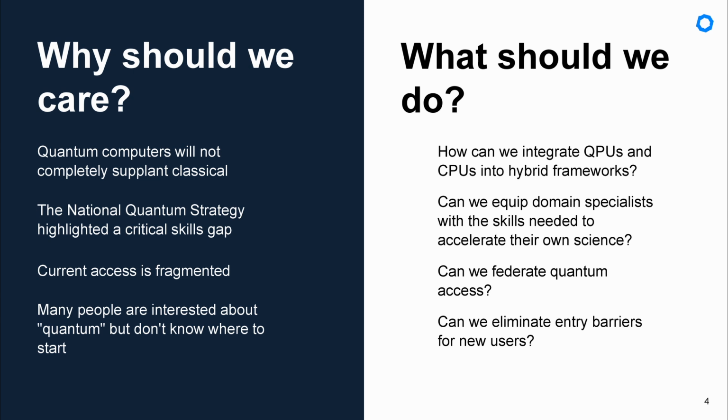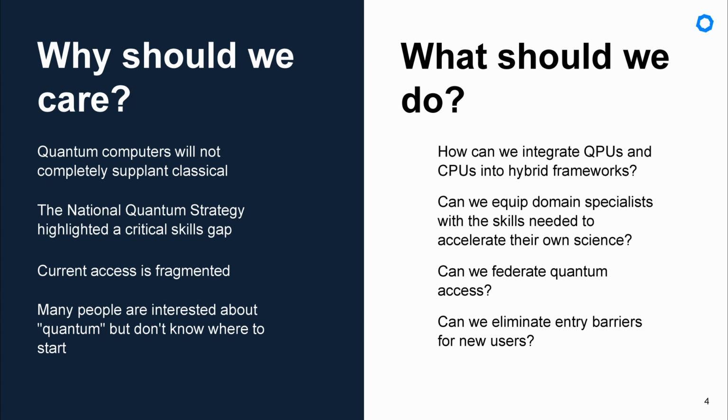I would argue that a complementary path to this is equipping domain specialists with quantum literacy to accelerate their own domain science. And I would argue that perhaps done in tandem, this is more efficient instead of raising up domain specialists from the ground up in every single field who can use quantum. And if you're trying to equip domain specialists, what better way than within HPC frameworks, which are being used by domain specialists? So that's something we should be doing, I believe.